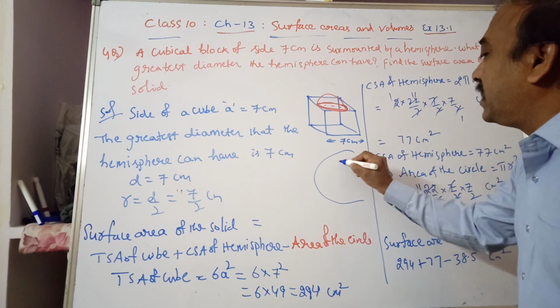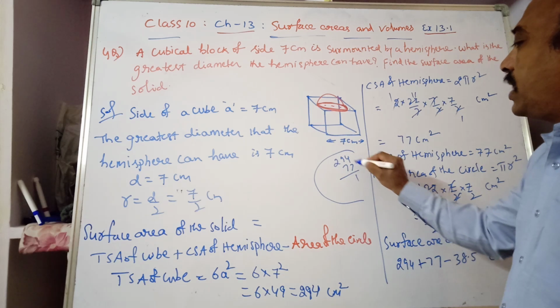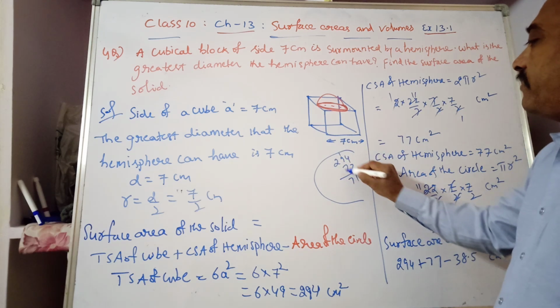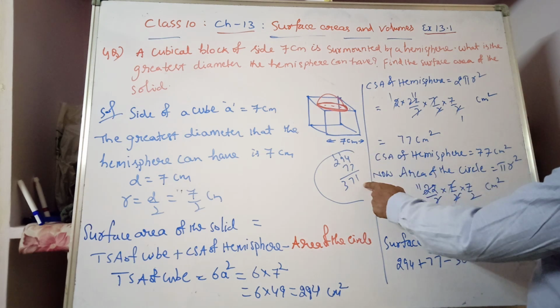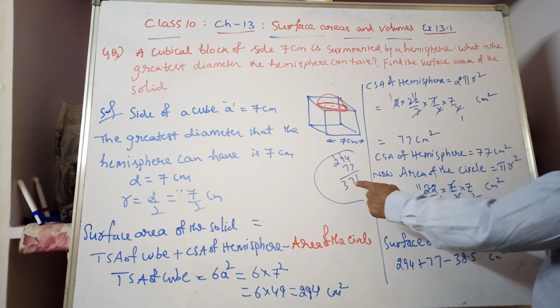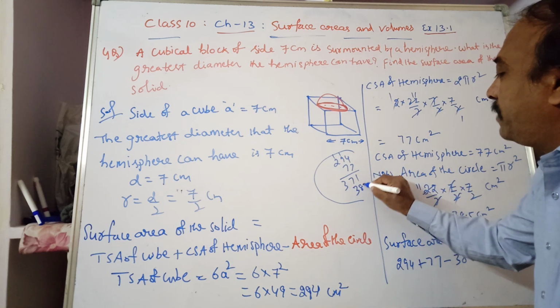294 plus 77. 7 plus 4 is 11, 9 plus 1 is 10, 17, and 371. From that you have to subtract 38.5.